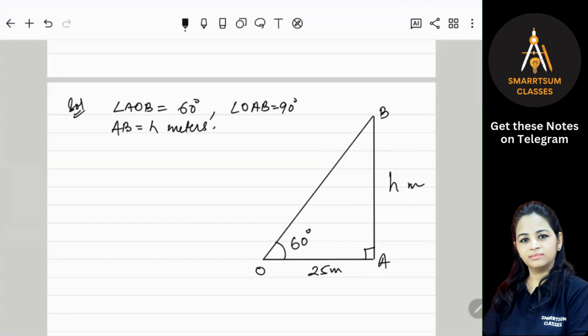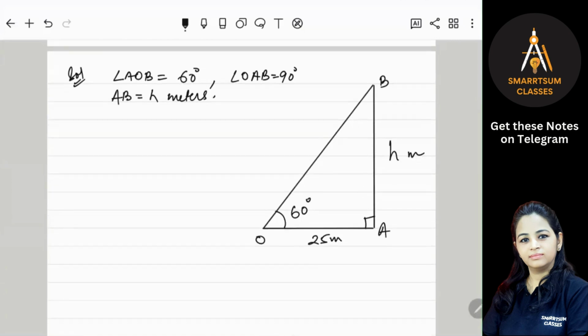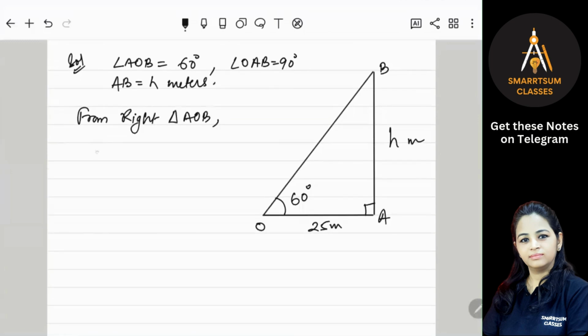Now from this right triangle AOB, because this is a right angle triangle, we know that tan theta is perpendicular upon base. So here, what is your theta? That is the angle of elevation, 60 degrees. So tan 60 degrees is perpendicular over base. What is your perpendicular here?